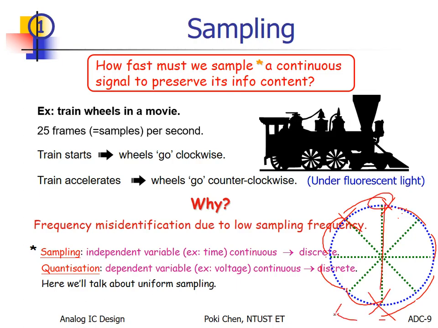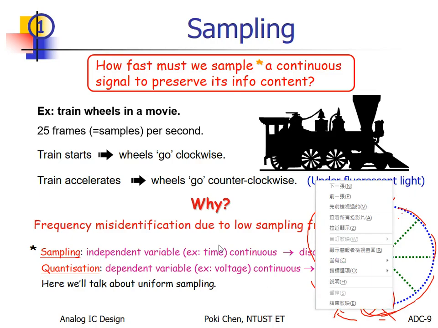Beyond that, your interpretation will be reversed, and the faster you rotate, the smaller the reverse rotation becomes. That is the so-called Nyquist rate. Beyond Nyquist rate.